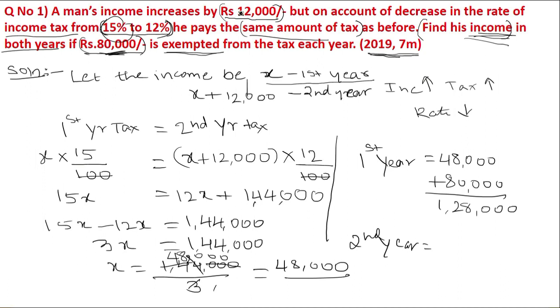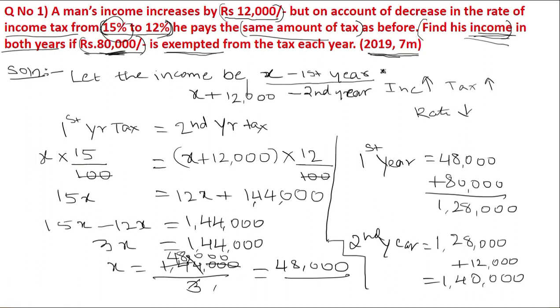So that means what? For this, I have to add 12,000. So 1,28,000 plus 12,000. How much it will become? 1,40,000. Okay.